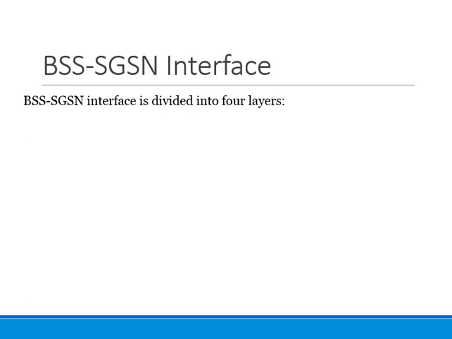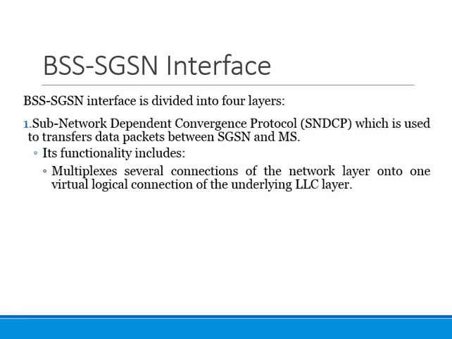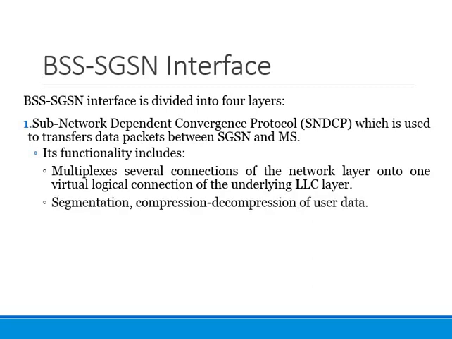The next is the BSS SGSN interface. All these things are included in the protocol stack. The first interface is the BSS SGSN interface, that is the interface between the base station subsystem and SGSN. The BSS SGSN interface is divided into 4 layers.